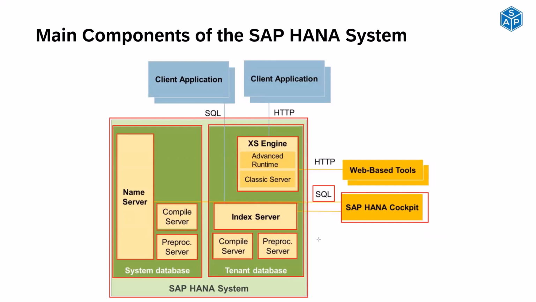You can develop your own application and connect to it using web based tools or through client applications. These are the two methods, and both of them connect using the HTTP protocol. The access engine will only be available through the HTTP protocol.